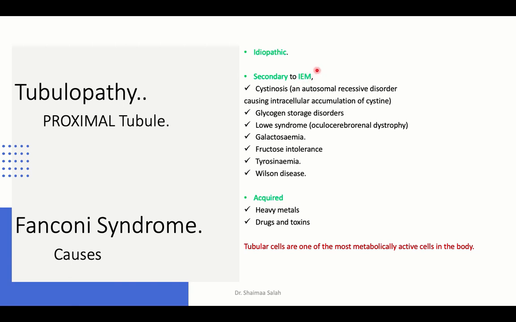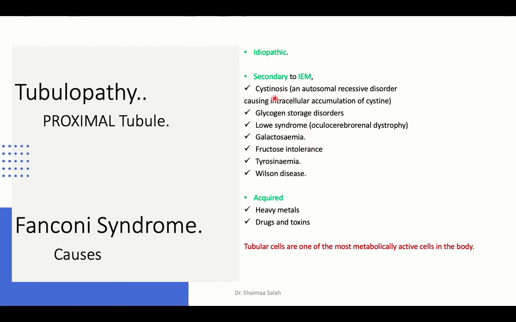Any inborn error of metabolism that will be associated with the storage of some material can show its manifestations in the renal tubules, as renal tubules are one of the most metabolically active cells in the body, and for this they are highly vulnerable to vascular insults like hypoxemia, hypovolemia, and also vulnerable to the inborn errors of metabolism.